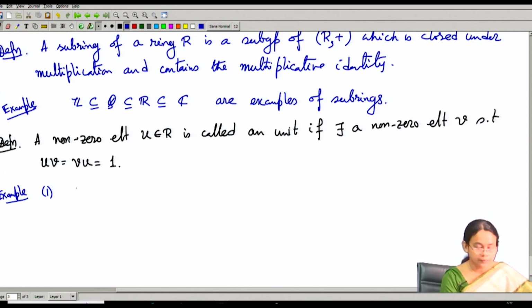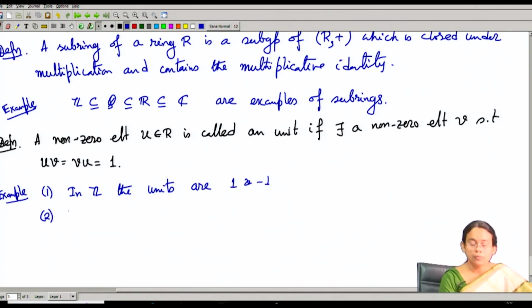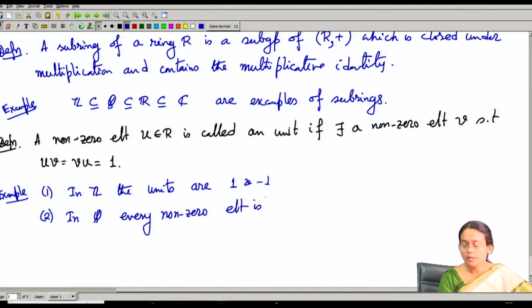So, in Z the units are 1 and -1, whereas in Q every non-zero element has a multiplicative inverse. So, in Q every non-zero element is a unit.